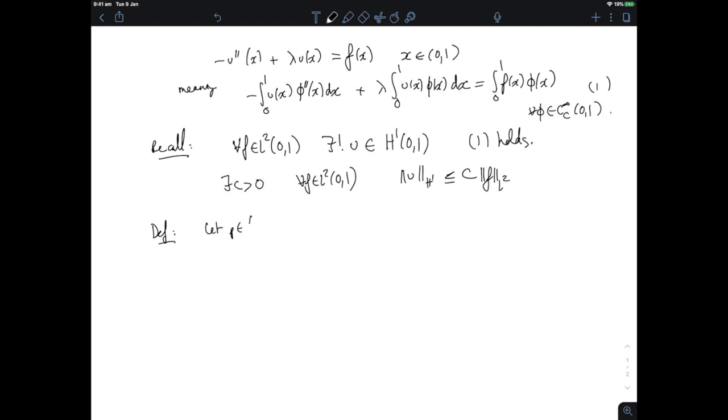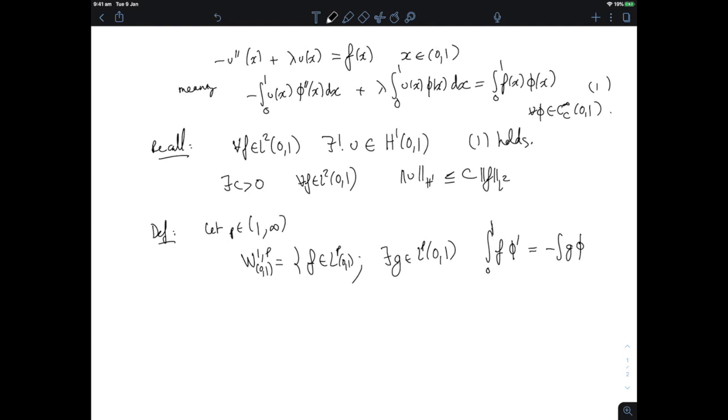Given a p between 1 and infinity, I'm going to introduce the space W1p as being the set of all those functions f in LP of 0, 1 for which there exists a g in LP of 0, 1 such that the integral of f against phi prime on 0, 1 is equal to minus the integral of g against phi for every phi in C infinity compactly supported in 0, 1.